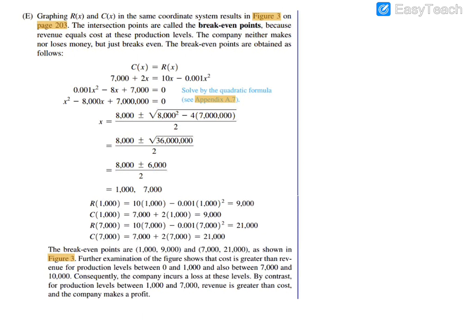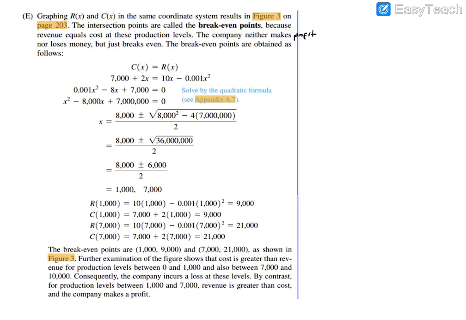Okay, let's write here: the company neither makes profit nor loses money, but just breaks even. So cost and revenue are the same. There is no profit, there is no loss.